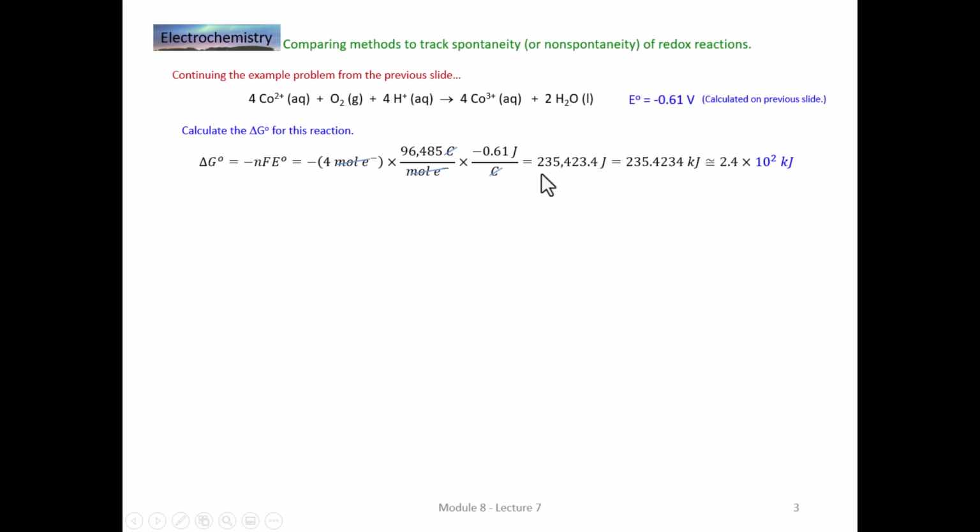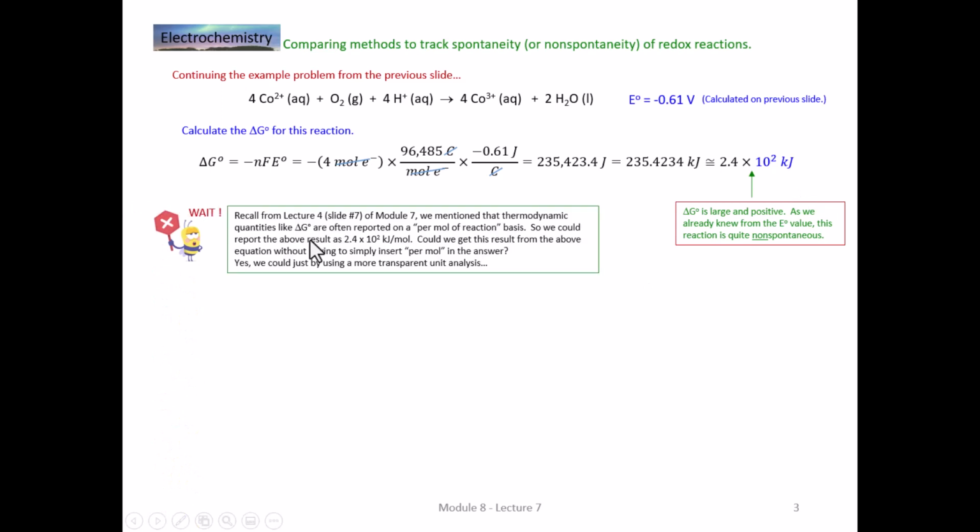When the units cancel and we change over to kilojoules, we get a standard delta G of 240 kilojoules. So delta G is large and it's quite positive. And as we already know from the E0 value, this reaction is quite non-spontaneous.